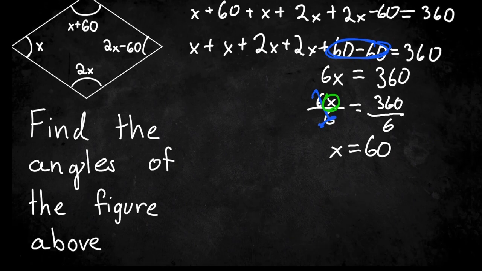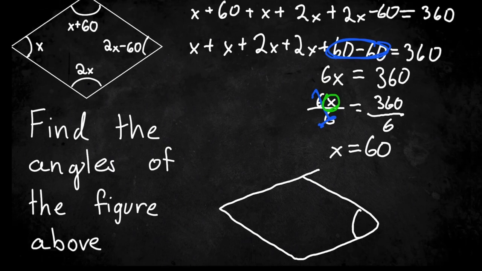This side is 60. Then on this side we have x plus 60, which is 60 plus 60, so that is 120. And this side we have x, which is just 60. And here we have 2x, which is 120.